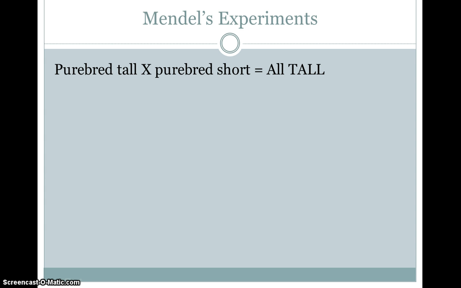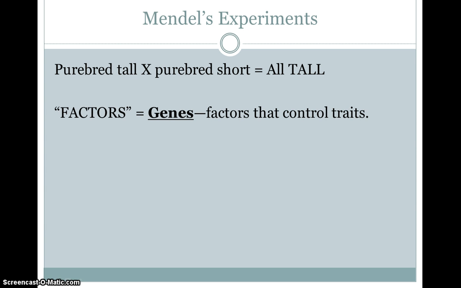In Mendel's first experiment, he bred a purebred tall plant with a purebred short plant, and the offspring all ended up tall. So what Mendel had discovered was that traits were controlled by individual factors. These factors are now known as genes, or factors that control traits.